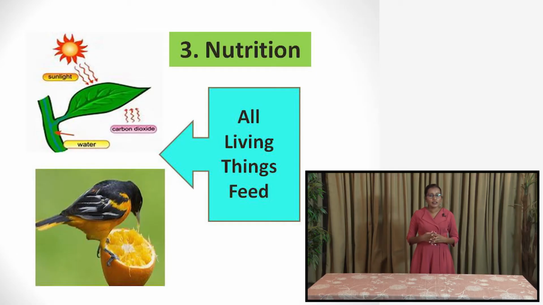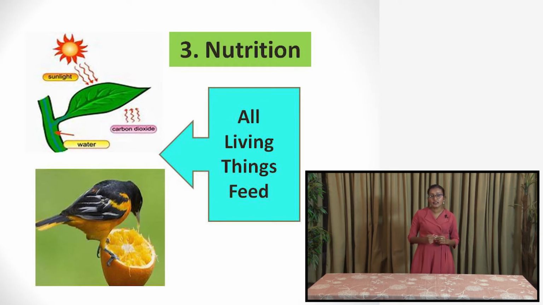Three, another characteristic of living things is nutrition. Or you could say all living things feed. The first picture I have there is the plant. Have you ever seen a plant eating food? No. But how can we say they feed? Plants have this process that they call photosynthesis.